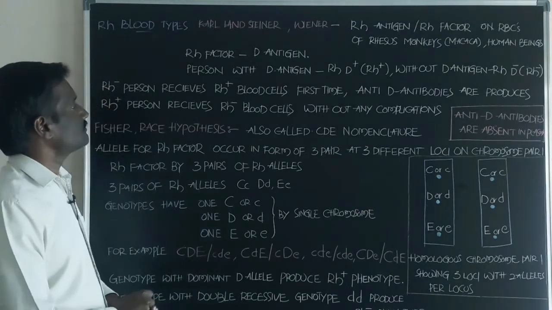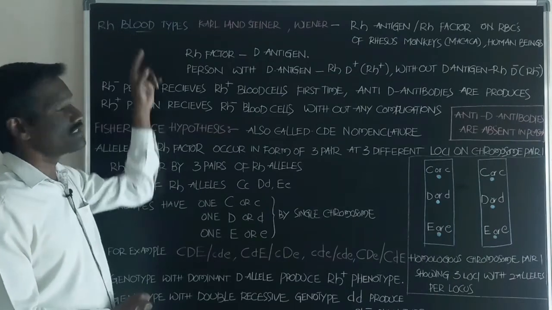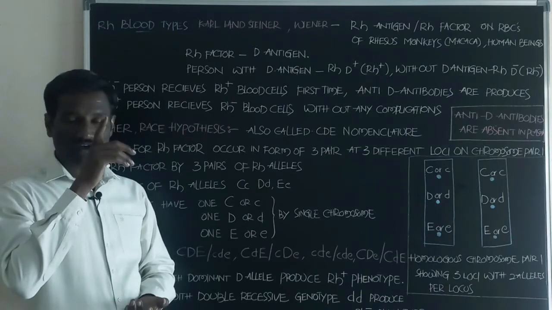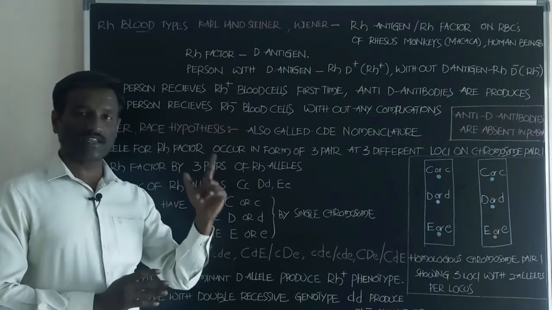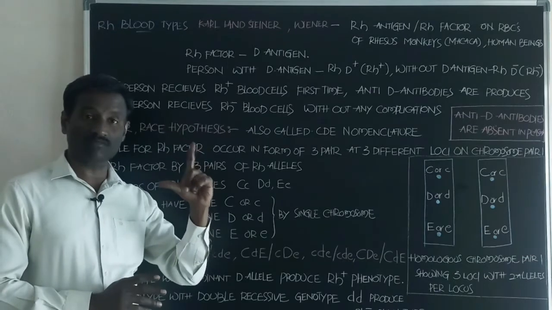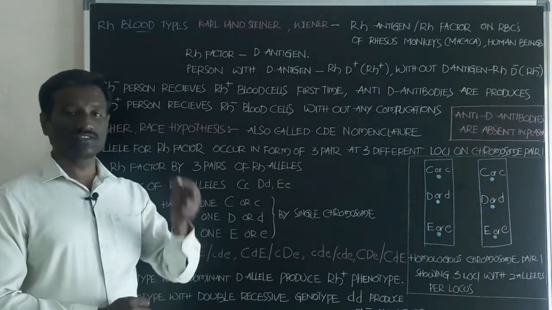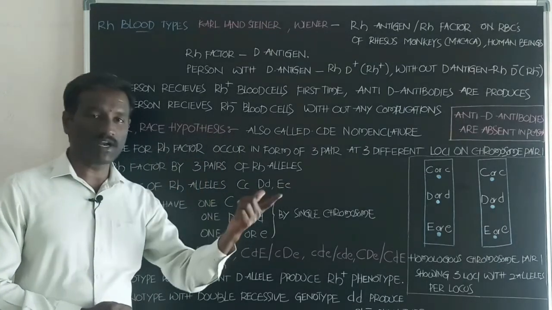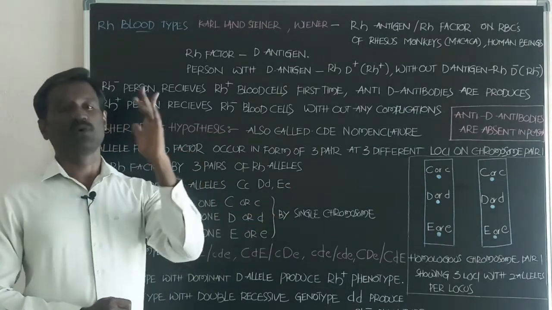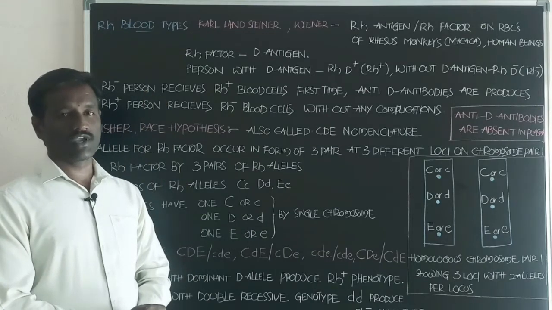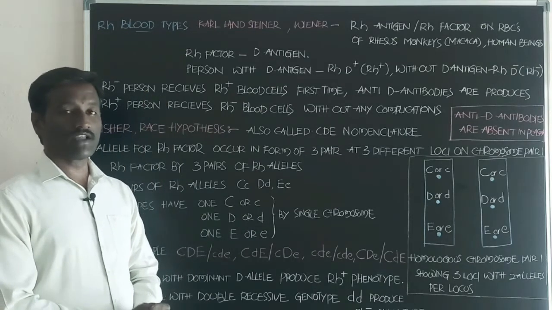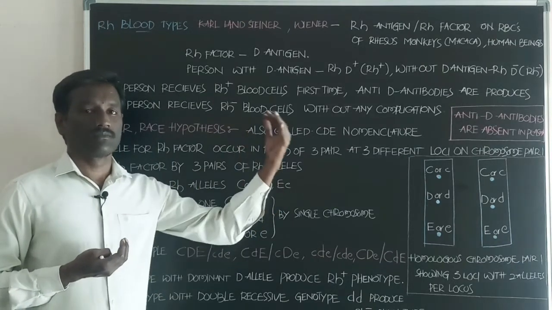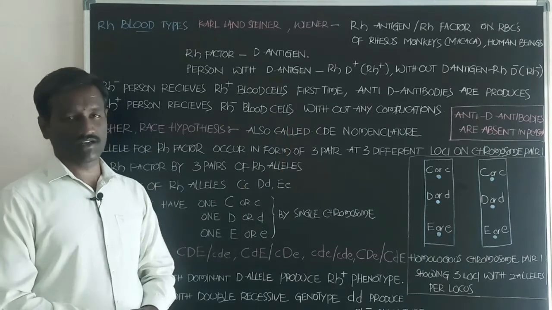Next, these are the antigens, the presence of the antigens on the RBC. Antigen A and antigen B are present on the plasma membrane of RBC. It is the phenotypic character that causes the A blood group, B blood group, AB blood group and O blood group, by receiving different types of genotypes from the parent generations.